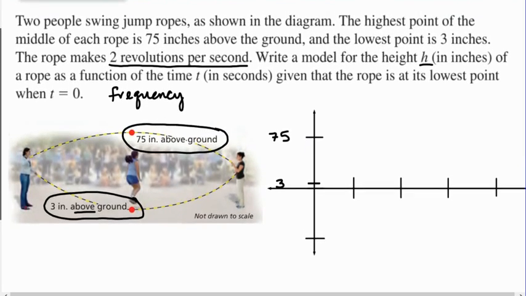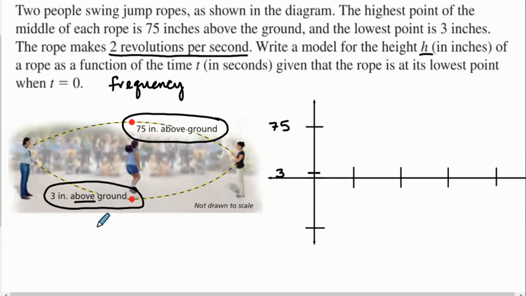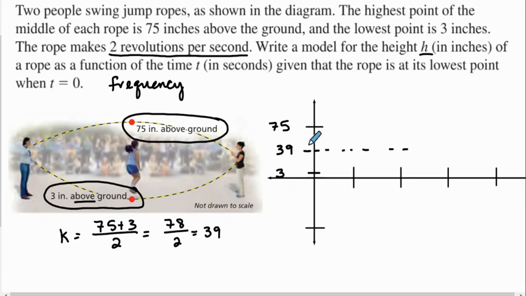I'm going to find the average, the middle. So for my k, I'm going to add 75 plus 3 and then divide that by 2. 75 plus 3 is 78, divided by 2 is 39. Okay, so the midline is going to be at 39 right here.